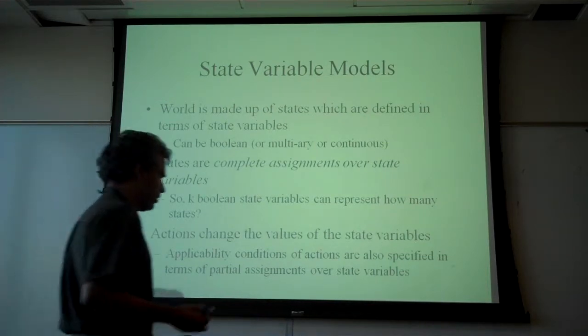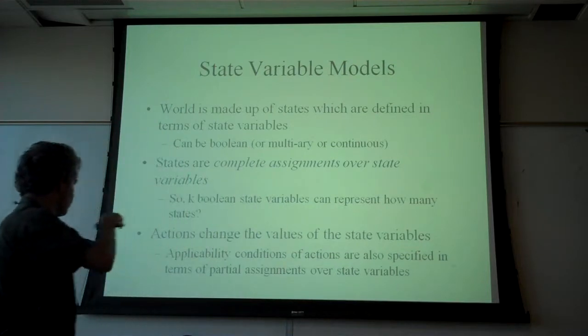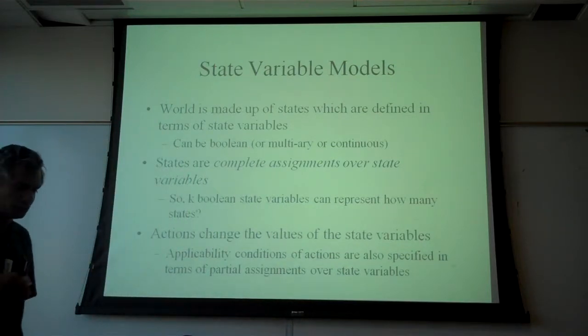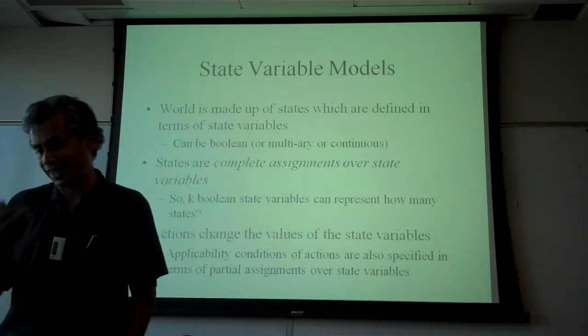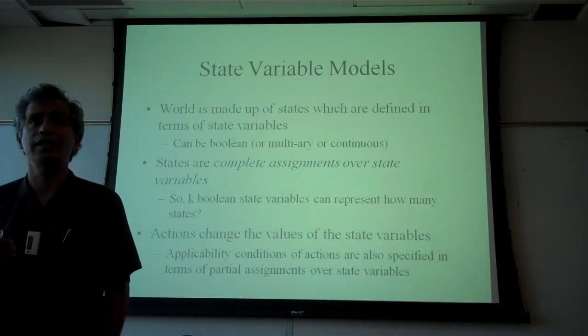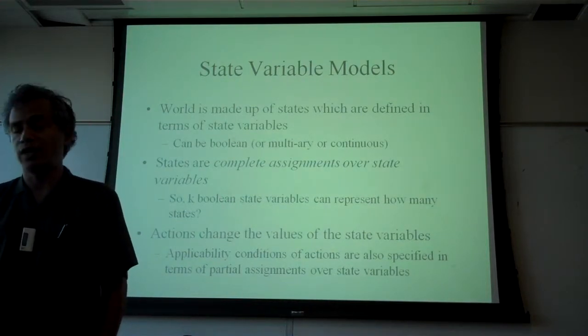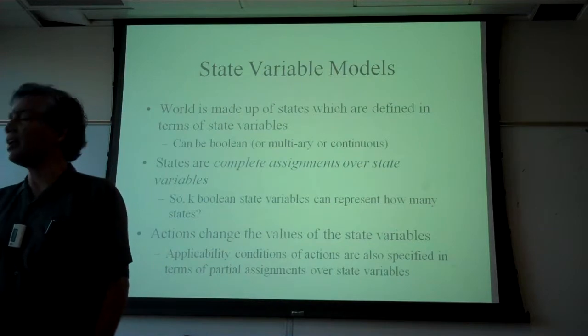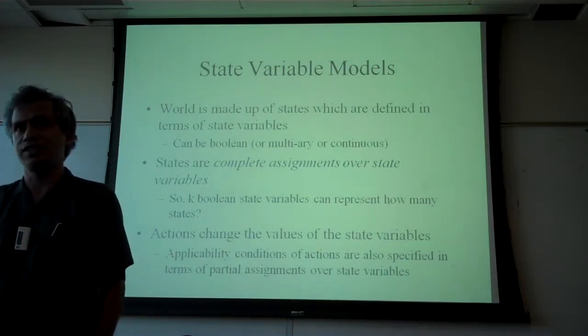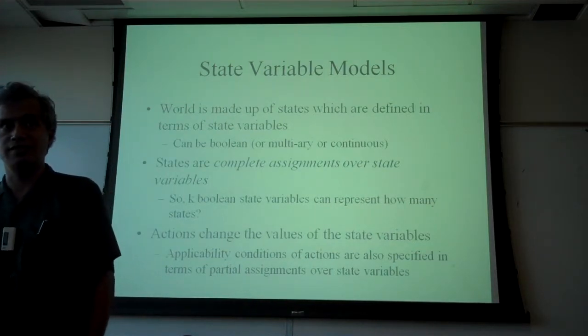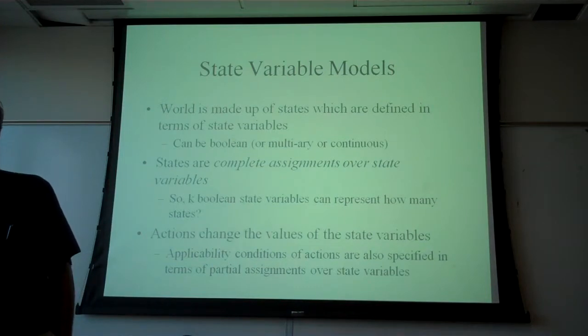Then we looked at both the simple STRIPS representation and some syntactic sugaring on top of it, including quantification, and then compared that to atomic representations, which we started with, which are state-based atomic representations.